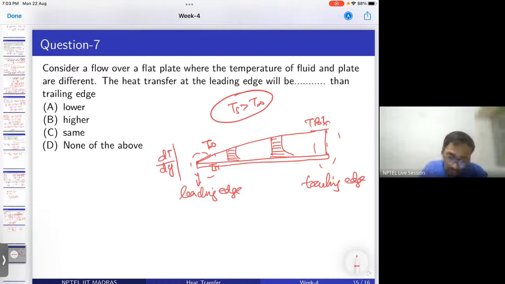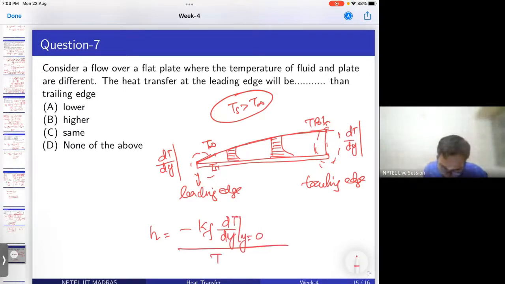At the trailing edge, as we know, the boundary layer is growing from the leading edge to the trailing edge. So the temperature gradient at the trailing edge will be less as compared to the temperature gradient at the leading edge. We already defined the heat transfer coefficient in terms of Ts minus T infinity.